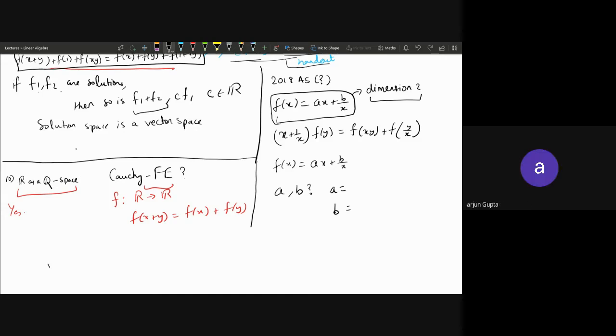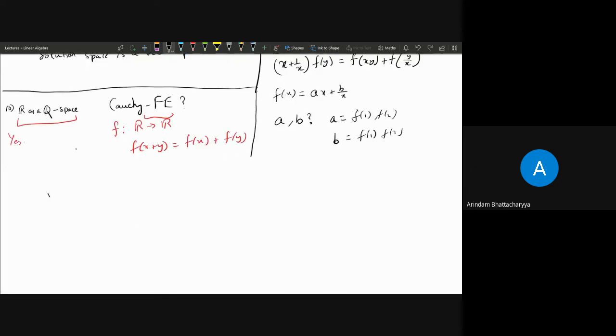Basically, we can look at what f(1) and f(2) are and just solve the system of equations. So a is some combination of f(1) and f(2), and b is also some combination of f(1) and f(2), right?